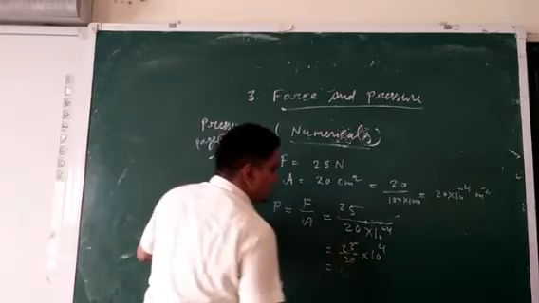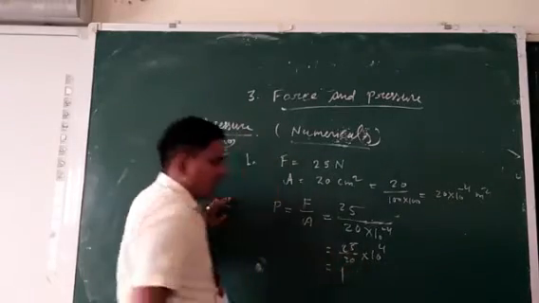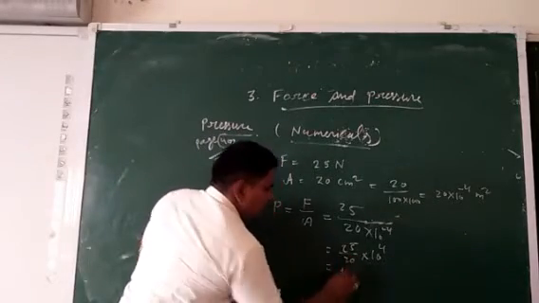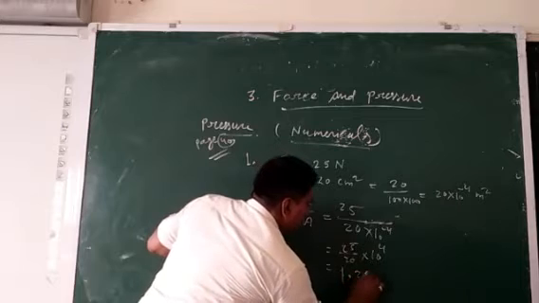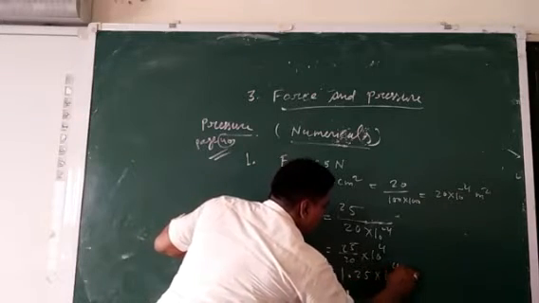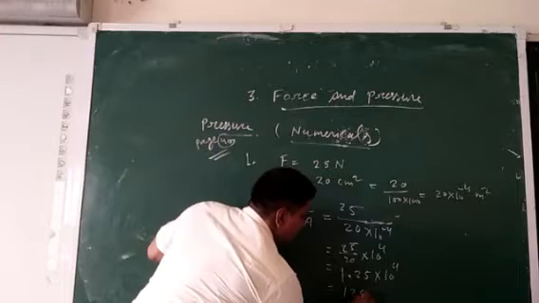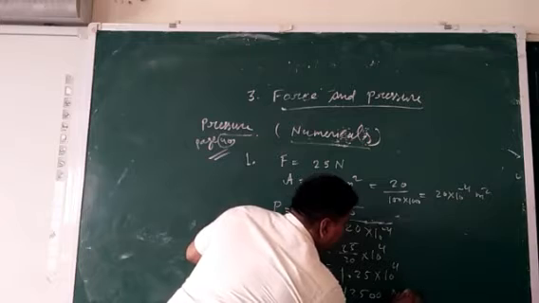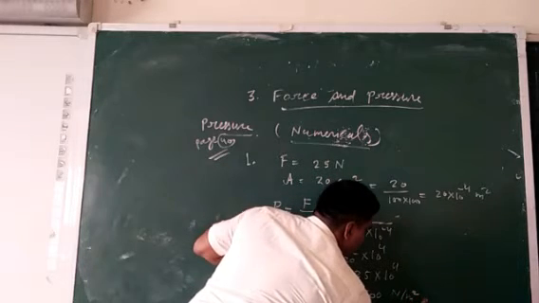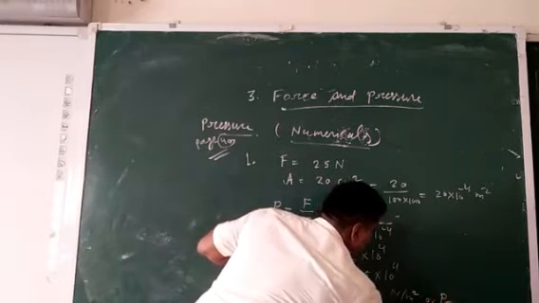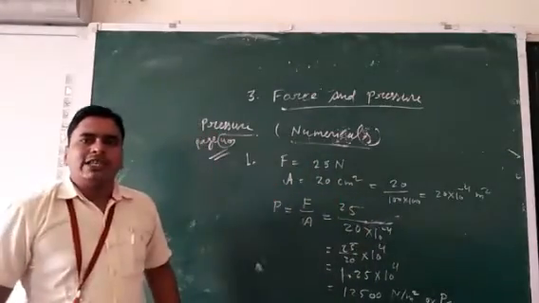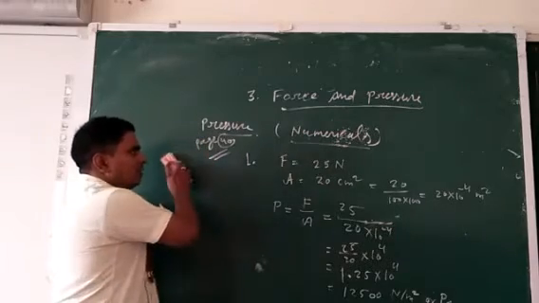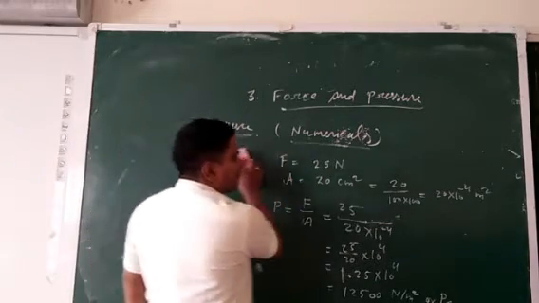If we divide 25 by 20, we get 1.25 into 10 to the power 4, or 12,500 Newton per meter square, or you can say Pascal. 12,500 Pascal. Clear? The next numerical we can solve in the same way.